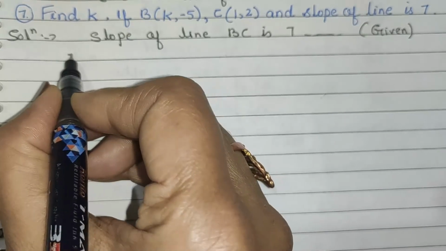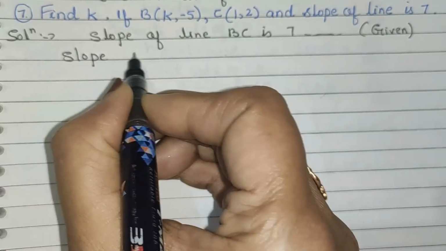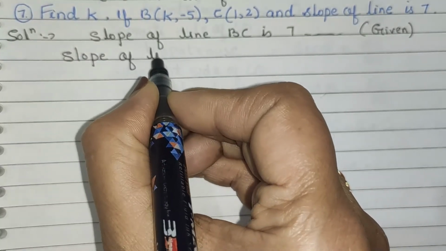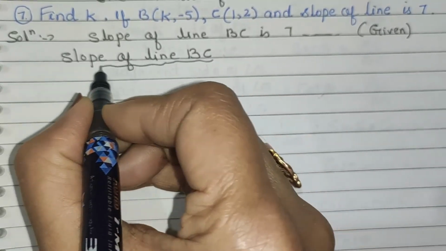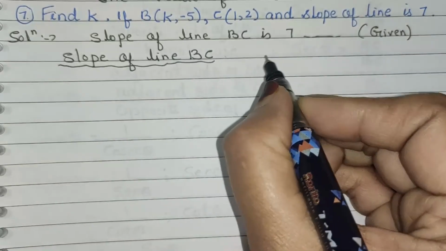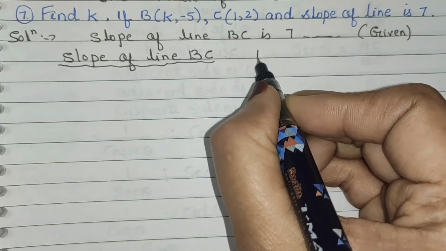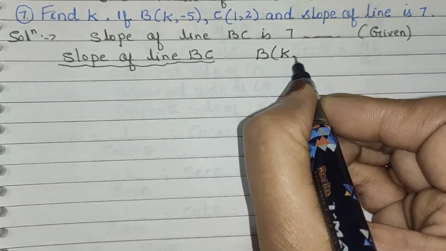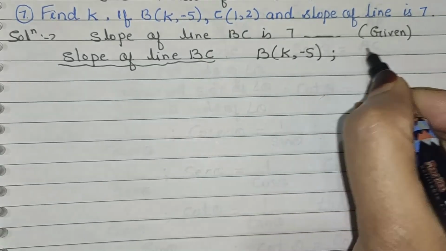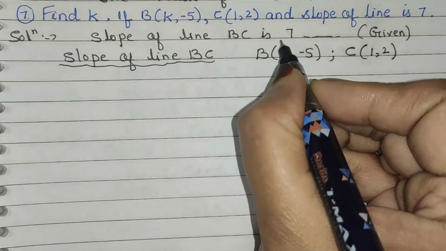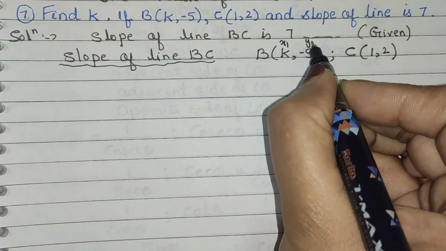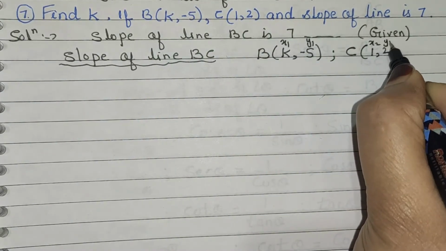Now find out the slope of line BC. For slope of line BC, write down the coordinates of point B are (k, -5) and coordinates of point C are (1, 2). Let us consider coordinates are x1, y1 and here x2, y2.